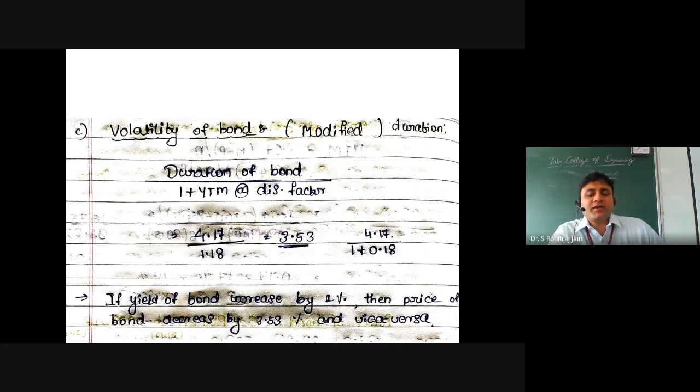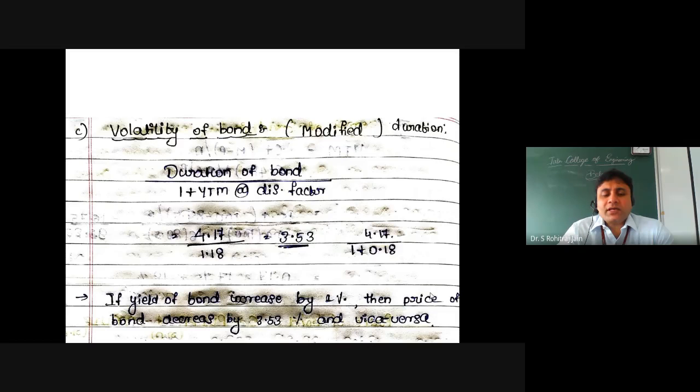That is the YTM, 18%, okay? Which is equal to 3.53. Right? So this problem is very important, wherein they'll ask you to calculate the YTM of the bond, then they'll ask you to calculate the duration of the bond, then they'll ask you to calculate the volatility or the modified duration of the bond.